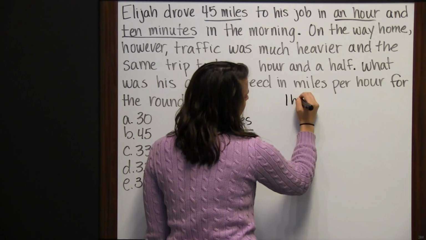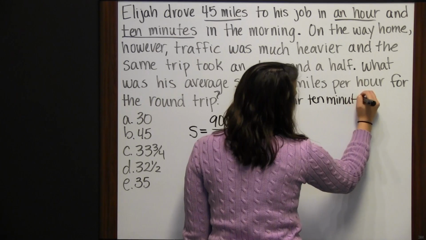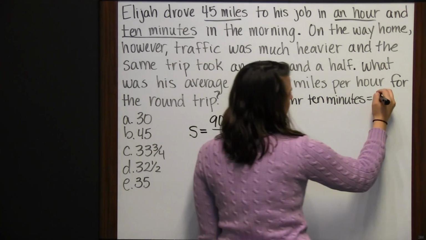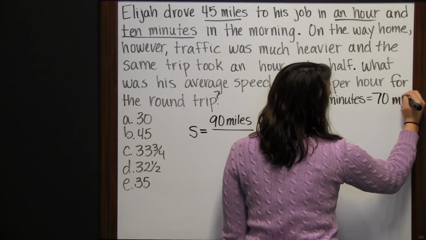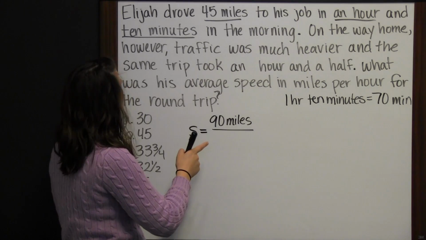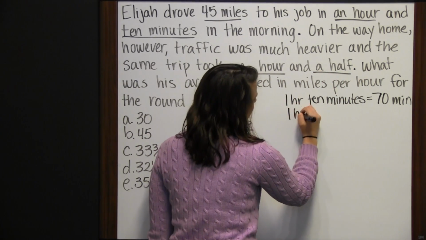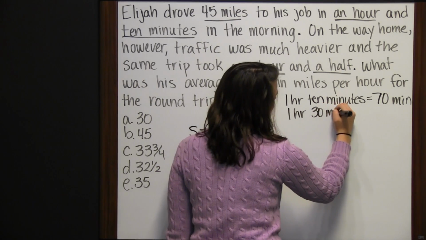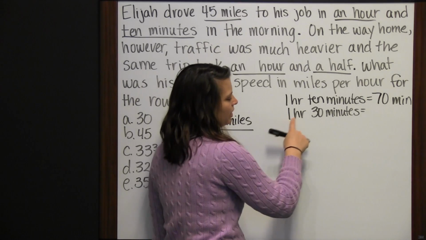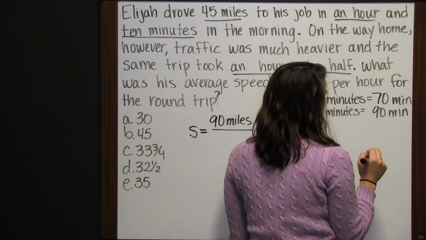So 1 hour and 10 minutes is a total of 60 minutes plus 10 minutes, 70 minutes. Then on the way home, it took him 1 hour and a half. So 1 hour, 30 minutes. Again, 1 hour, 60 minutes plus 30 minutes means a total of 90 minutes.